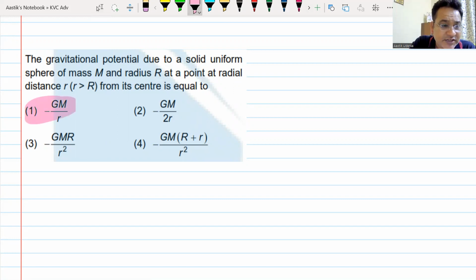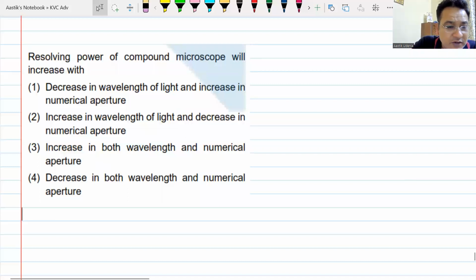This is 29 Jan, shift 8. Next one, and I think this one we did just now. Anyways, the resolving power of a compound microscope will increase with what? I think I gave you the formula there as well.